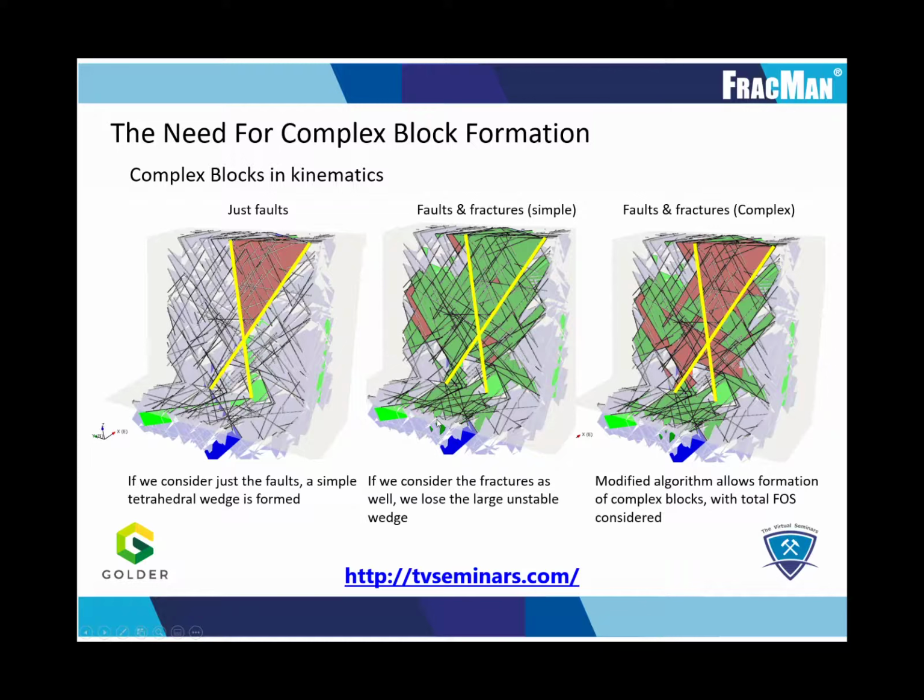An important development in DFN analysis techniques over the last few years has been the transition to identify complex blocks in kinematic analysis rather than just simply the free face attached blocks. If we consider the image on the screen, the case on the left with just 2 faults shown in yellow would yield a single large unstable wedge in red.